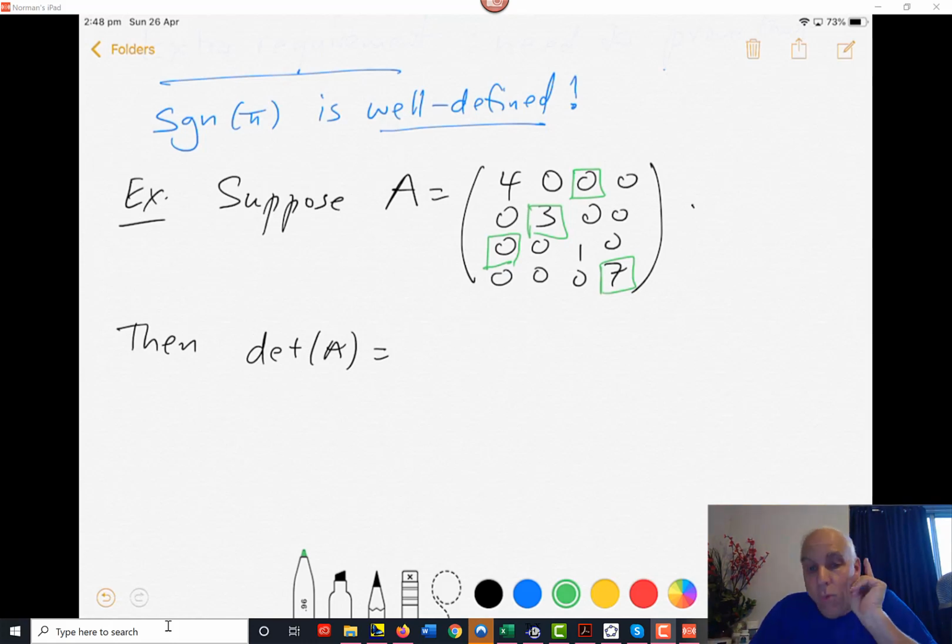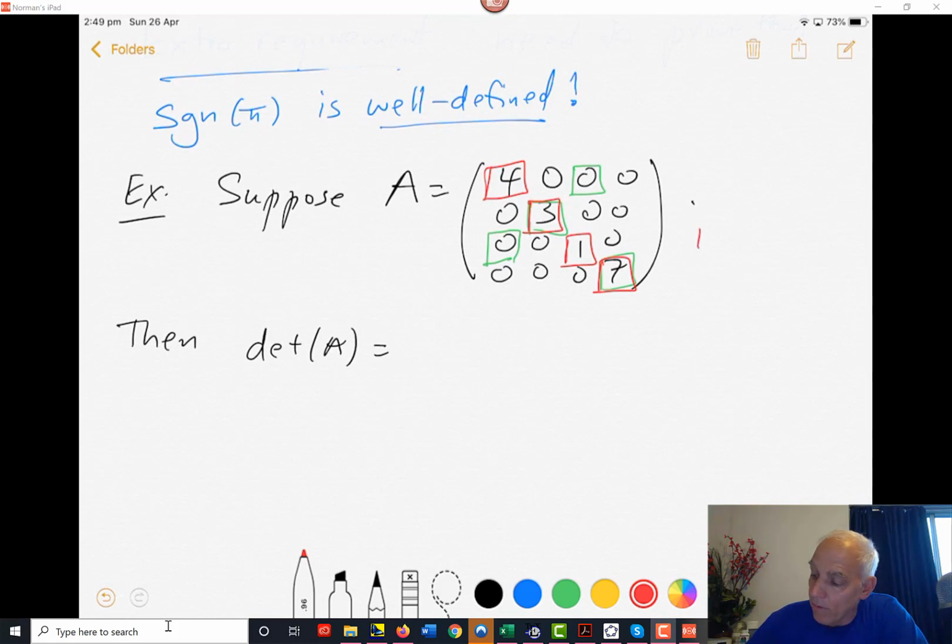And in this case, there's only one rook position that contributes. There's only one way of placing the rooks on the 4x4 board so that every rook is covering something non-zero. We have to choose that position in that row, that position in that row, that position in that row, and that position in that row. And that corresponds to the permutation where 1 goes to 1, 2 goes to 2, 3 goes to 3, and 4 goes to 4. So the sign of that permutation is +1, because no swaps are needed to get it back to the identity.